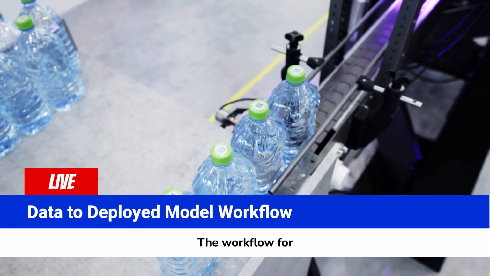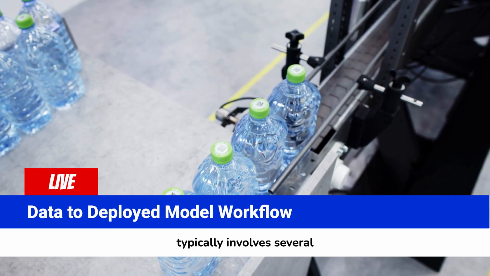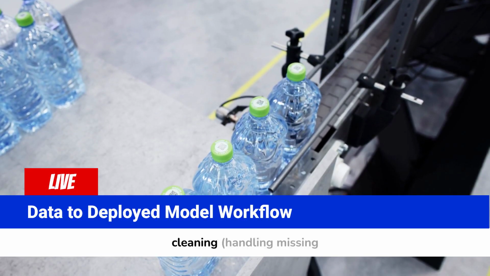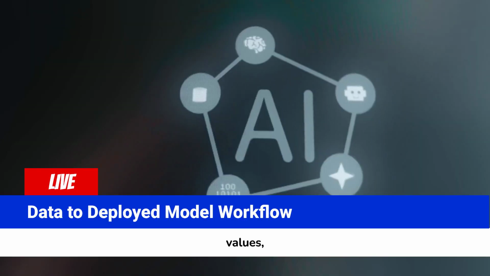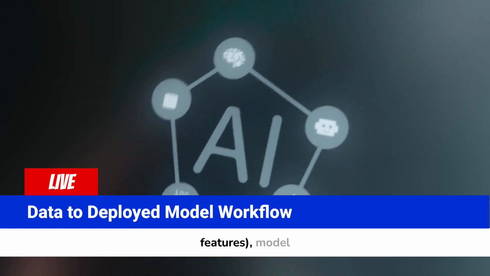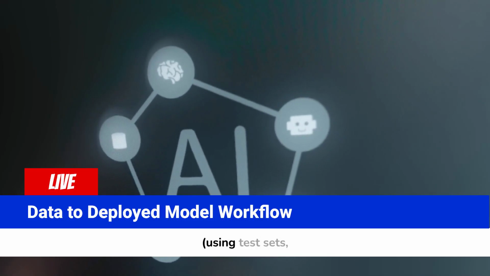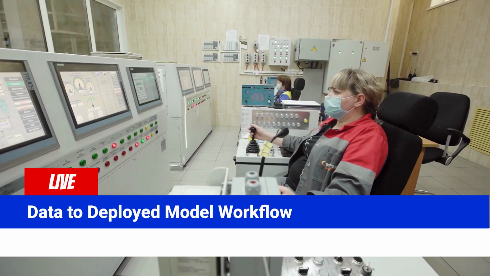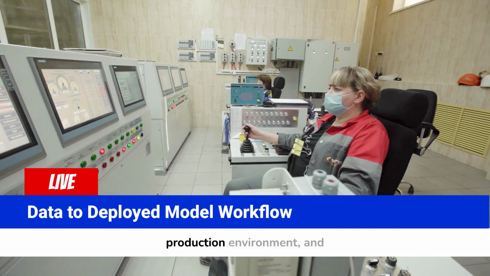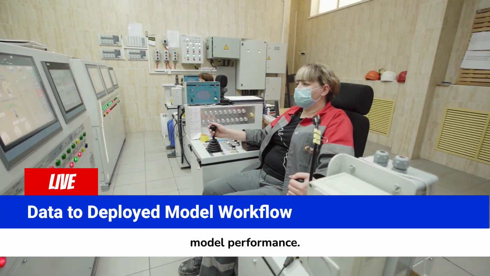The workflow for going from raw data to a deployed model typically involves several stages: data cleaning, handling missing values, outliers, feature engineering, creating relevant features, model selection and training, rigorous validation using test sets, cross-validation, deployment to a production environment, and continuous monitoring of model performance.